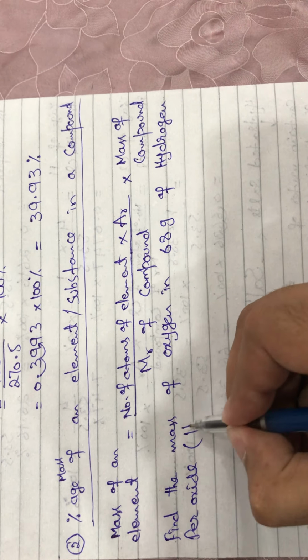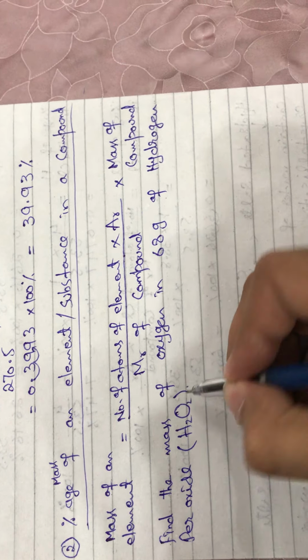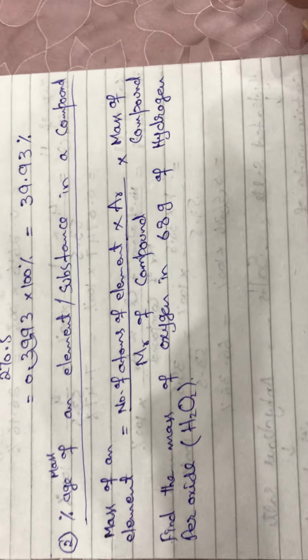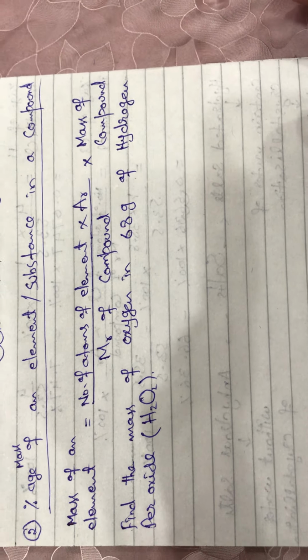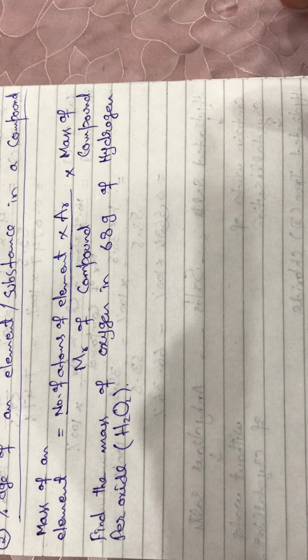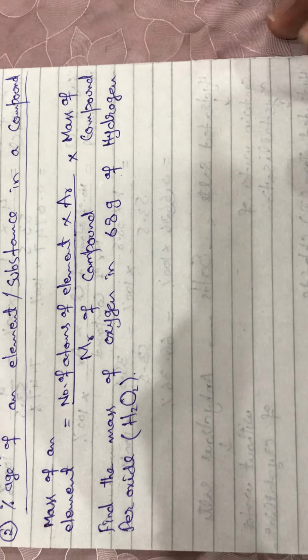Hydrogen peroxide formula is H2O2. So we have to find out the mass of oxygen in 68 gram of hydrogen peroxide.